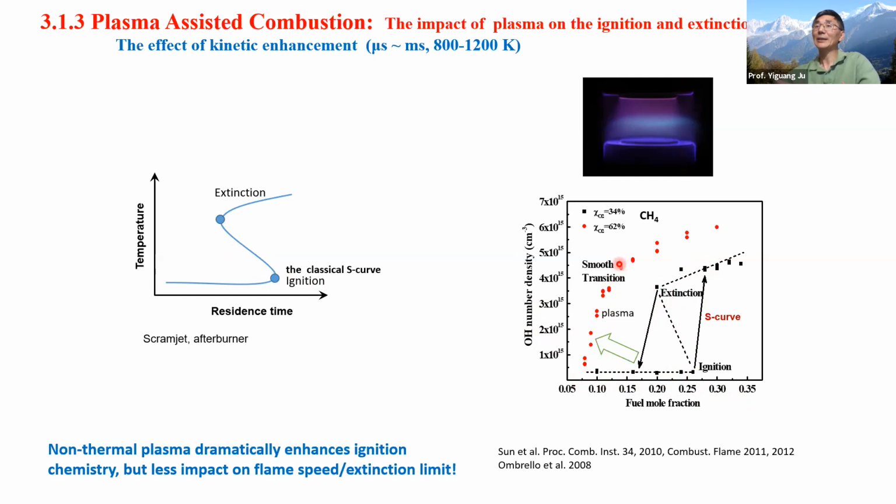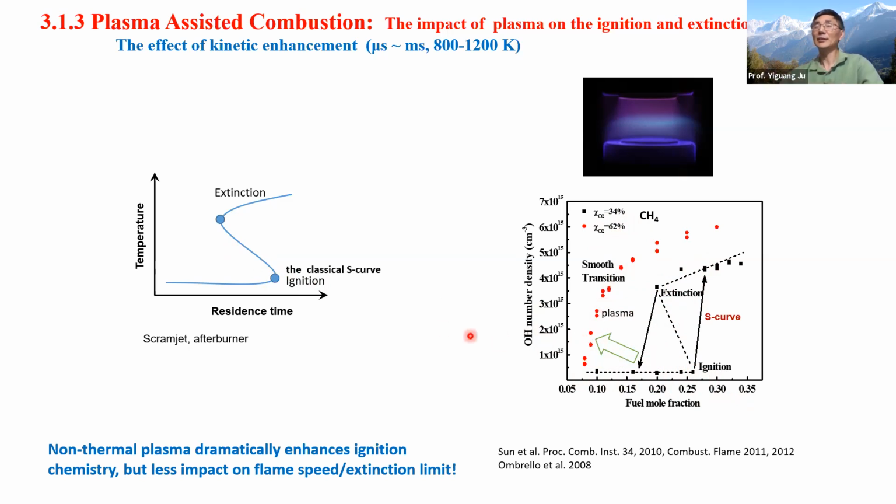By using plasma at an oxygen concentration of 62%, for example, in methane, you can see that the ignition point is dramatically shifted to a low concentration, and even the extinction limit is extended.